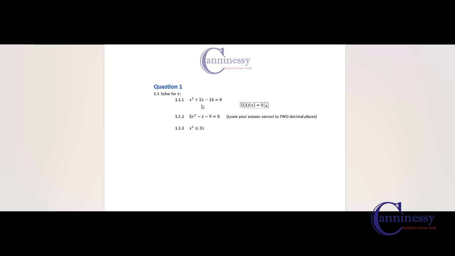It doesn't matter whether you start with 3 or 5. Now if the last term is negative, which means we'll have 2 different signs, then the bigger number must take the sign of the middle term. So 5 will be positive, then 3 will be negative.